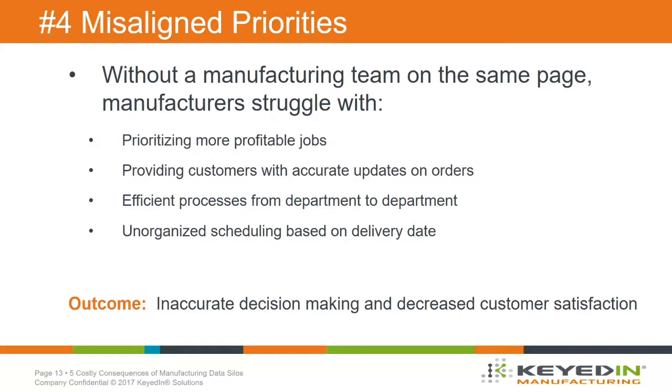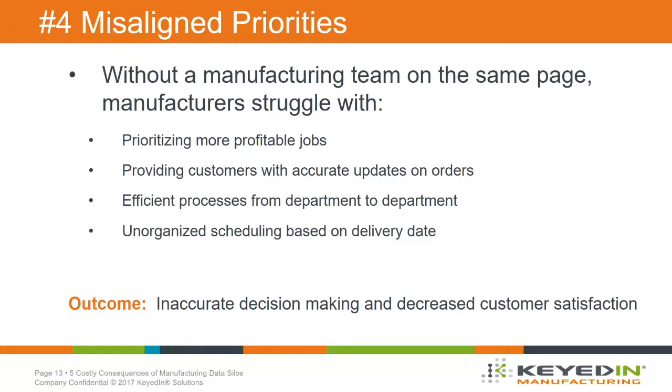It's just very difficult when you're dealing with literally hundreds and hundreds of work orders every single day to have someone manually trying to update the job status or the status of each of those operations at the work order level. So very often, the net result is we're making, again, inaccurate decisions and we have decreased customer satisfaction.